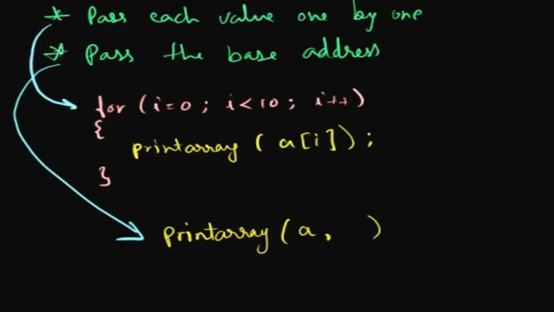The control will jump to our function, so it cannot access the upper limit of this array, the maximum size of this array. It does not know the size of this array, so we will also have to pass the size of this array along with the base address. So 10 is the size of this array, so we can pass this size and the base address to the function print array.